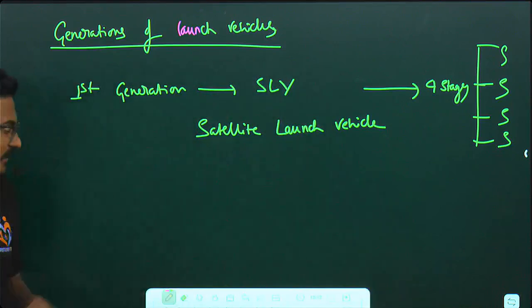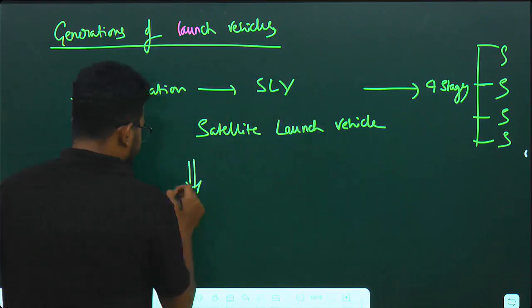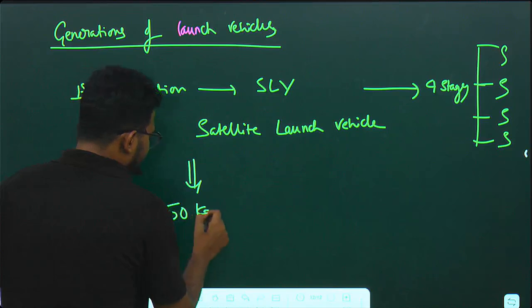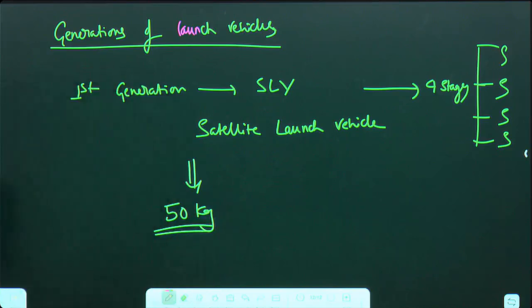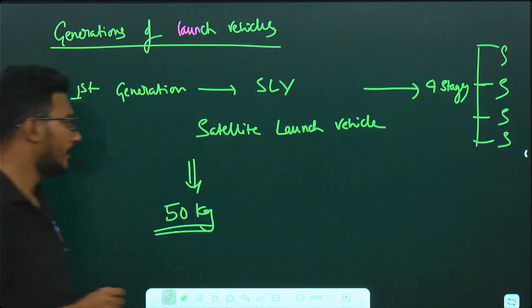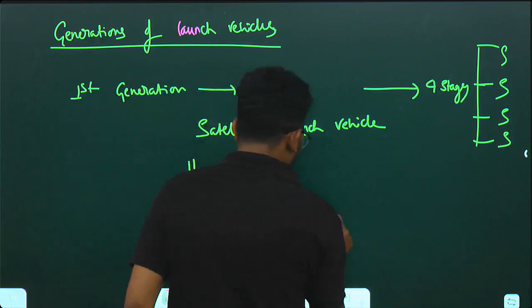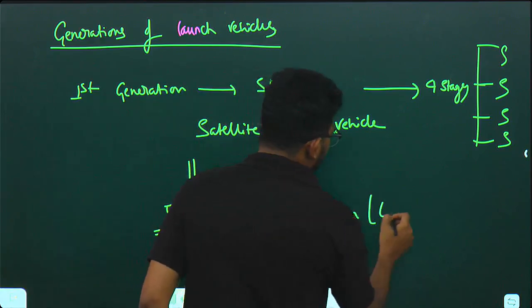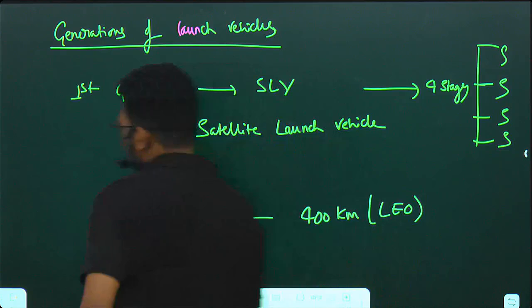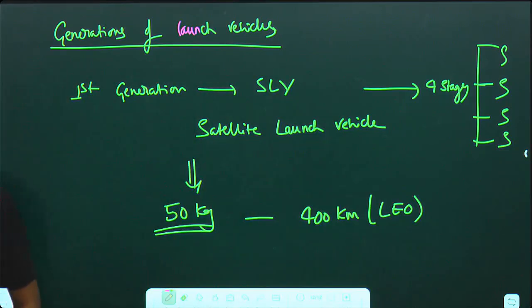The capacity is, it can carry 50 kgs and it can travel 400 kilometers, so lower Earth orbit.